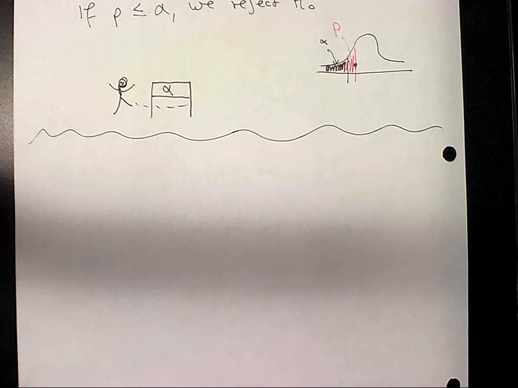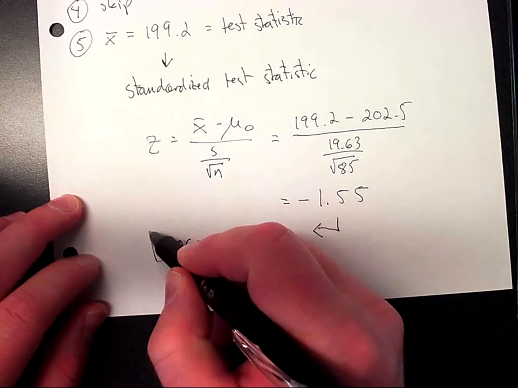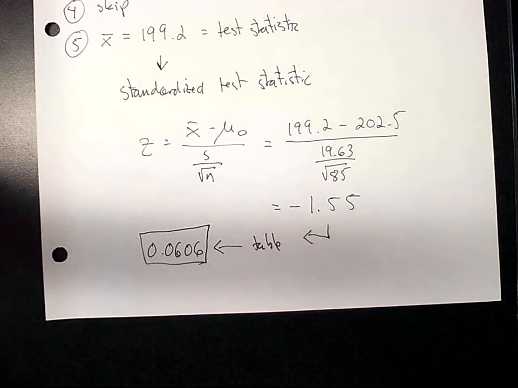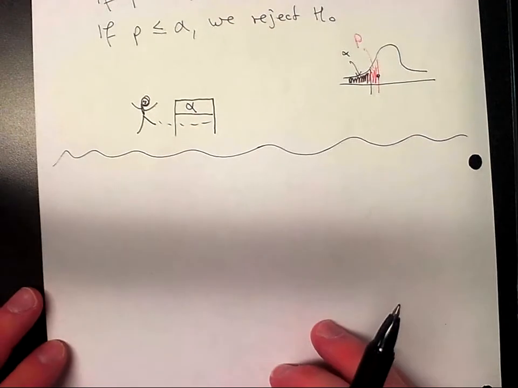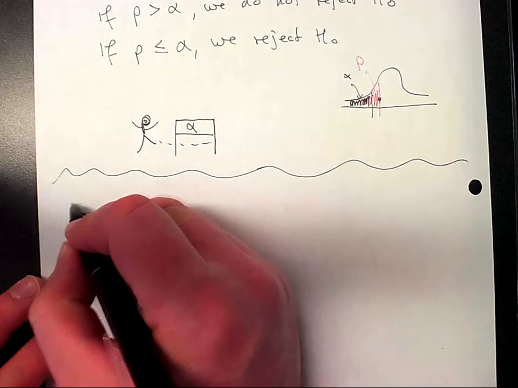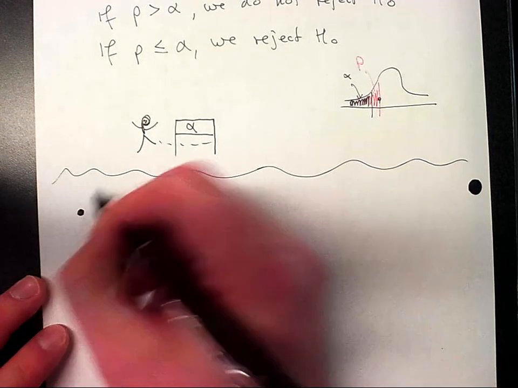But here's another really important thing, and that is determining whether or not this percentage that we're looking up is our p-value. So first things first, you're going to go through a process.